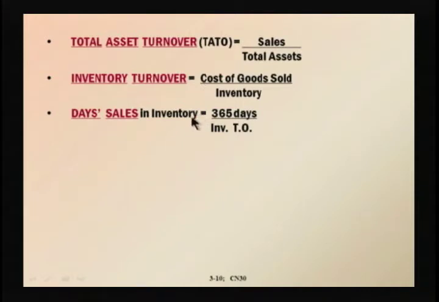Days sales in inventory is one of these ratios that is inversely related to another. We're trying to determine here how long it would take to sell out our inventory, or how many days worth of sales we are holding in our inventory stockpile.